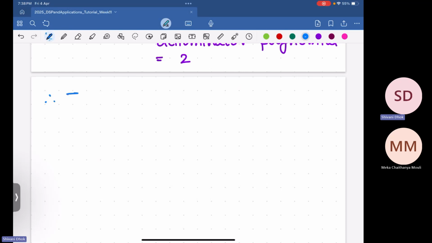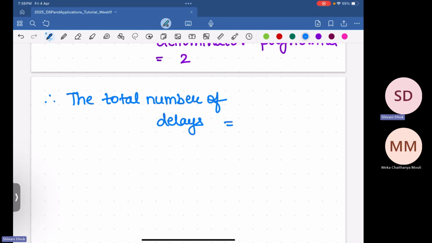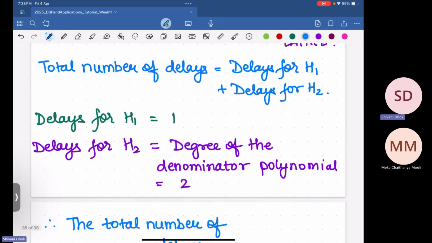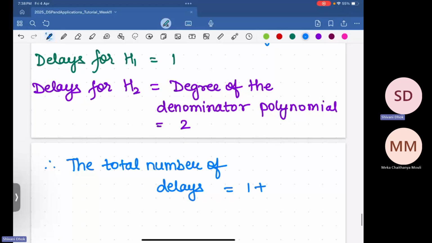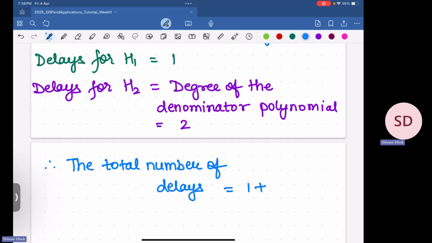So therefore, the total number of delays is equal to the number of delays required to realize h1, which is equal to 1, plus the total number of delays required to realize the system h2, which is equal to 2.